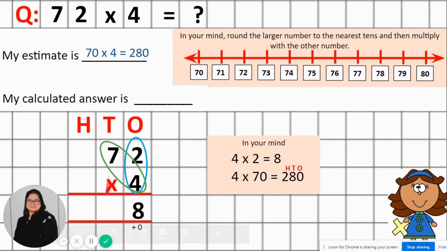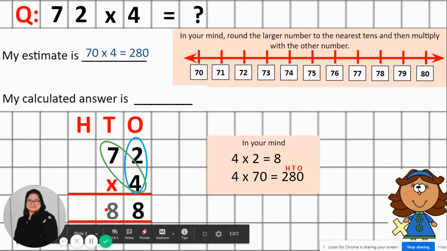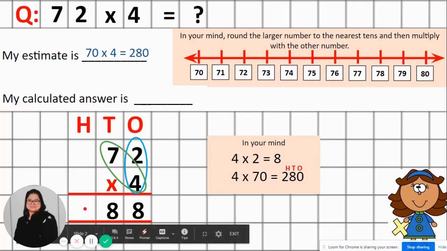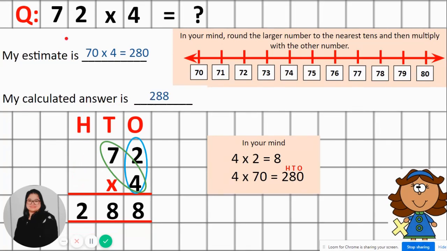So we'll write it right under the tens place. The next digit is 2, which is in hundreds place. So that goes over here in the hundreds place. So the answer to the calculation 72 times 4 is equal to 288.